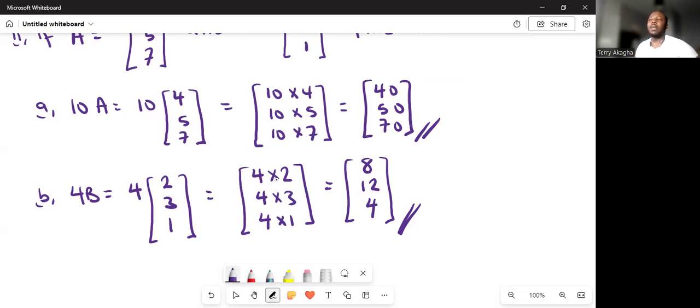So you'll see more examples. We're going to talk about vector arithmetic soon. We're going to do more examples on this. In the next video, we're going to talk about arithmetic, where we combine scalar multiplication, addition, and subtraction.